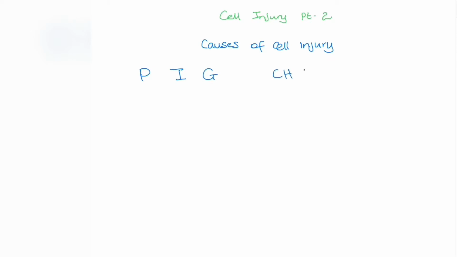There are basically 7 major causes of cellular injury, and I've used the mnemonic PIG CHIN to remember it ever since I was studying this part of the course.